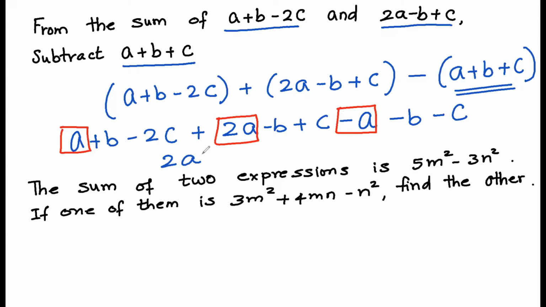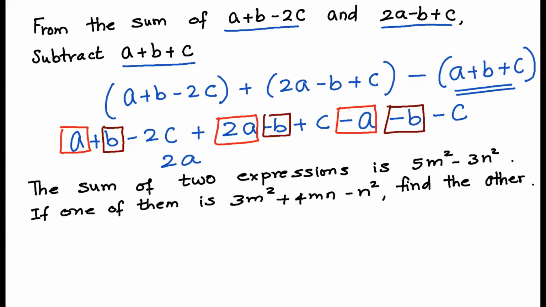Next, we're going to combine our terms with b. So that's going to be plus b minus b and minus b. So b minus b, that's 0, because 1b minus 1b is 0, minus b, right?